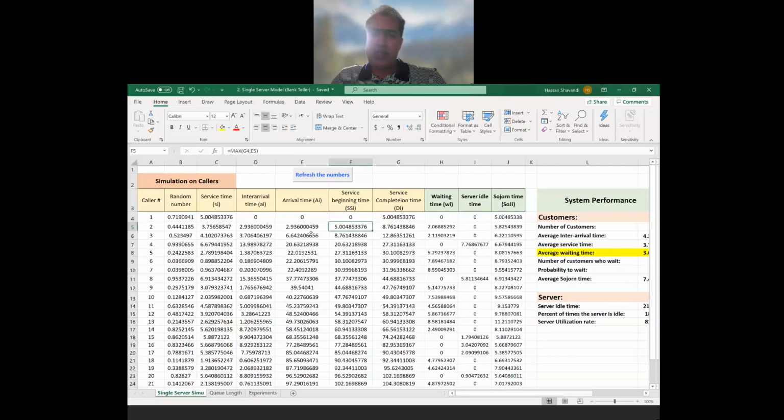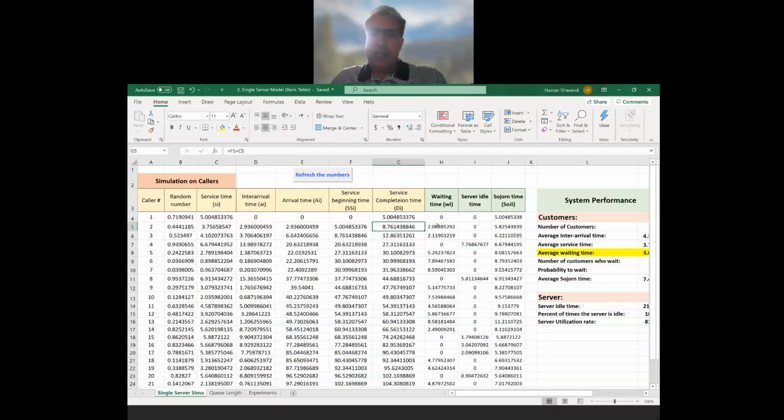And for the service completion time, we take the service beginning time F5 plus C5, the service time. So the service beginning time plus the service time gives the service completion time.